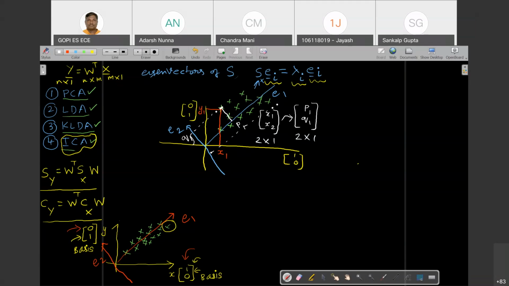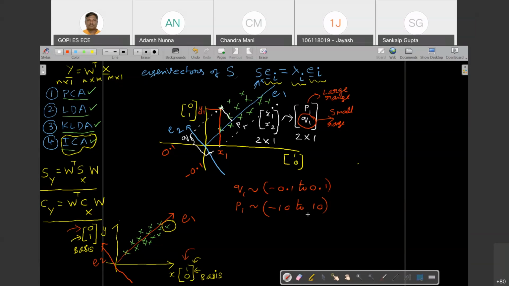Let me write this just as an example. Q1 is ranging from minus 0.1 to plus 0.1, and P1 can, in a more general case, go for example from minus 10 to plus 10.